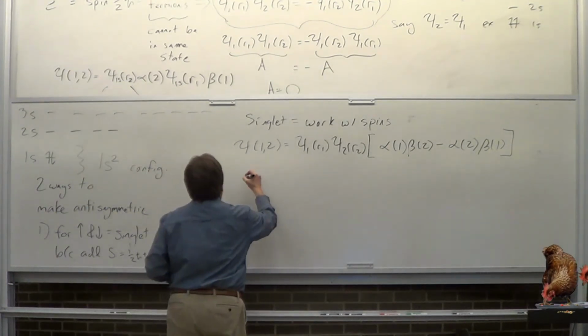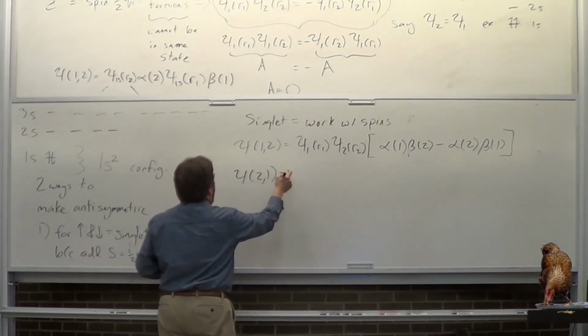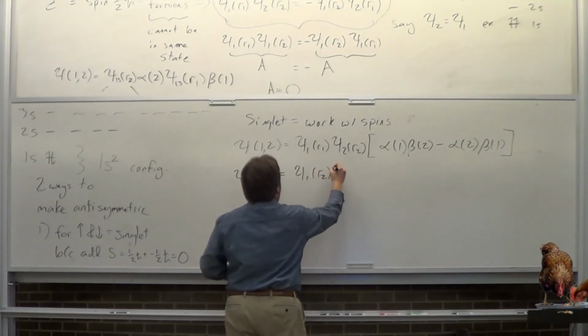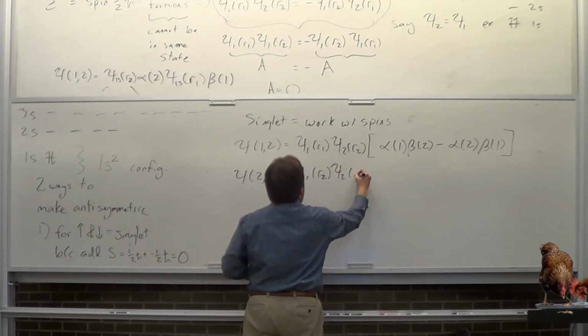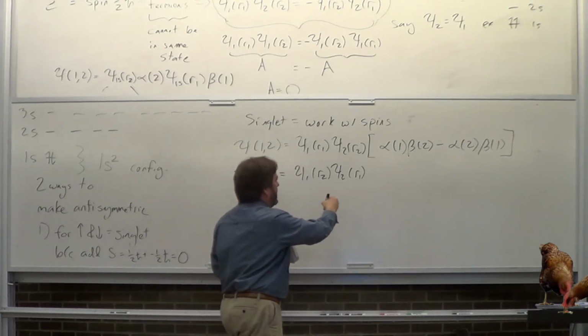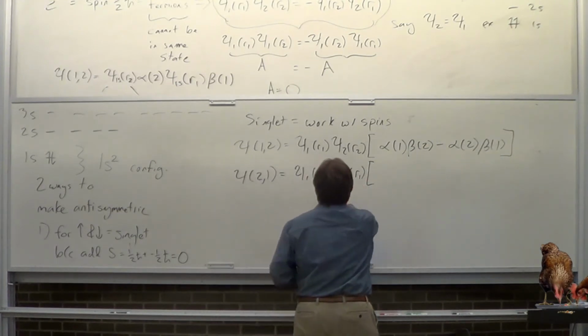Now note, what happens if I do this? Do I get minus that? Remember, I'm only permuting the labels on the coordinates. This doesn't matter, they're both 1s; these are indistinguishable.